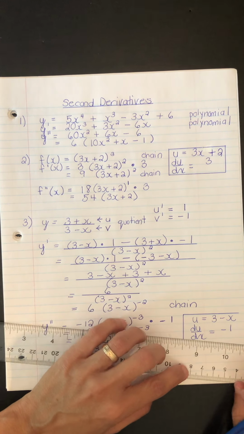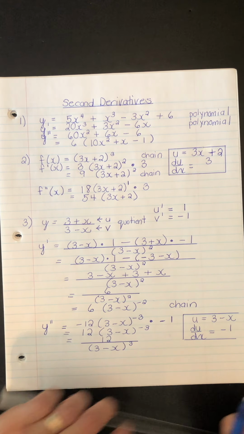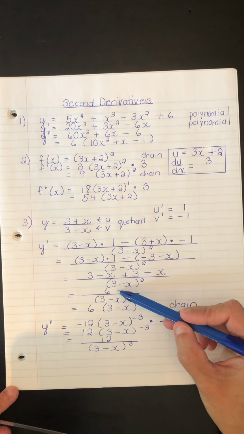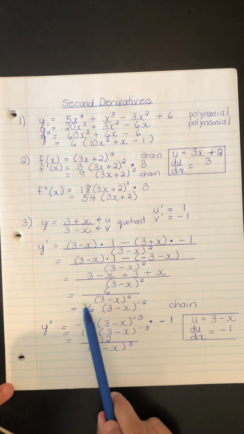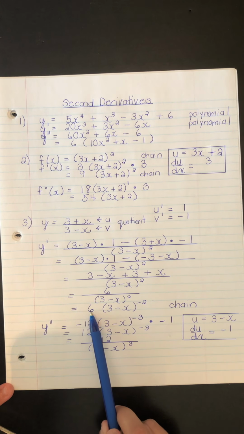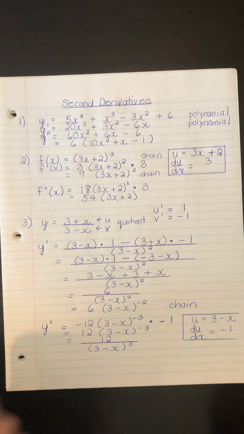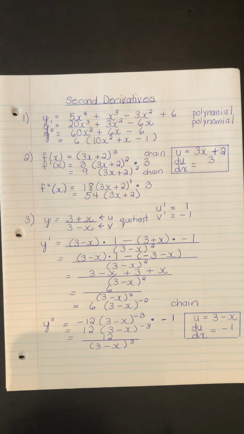And as I explained, quotient rule would work as well in this form with u prime 0. Product rule would work with this form, u prime 0, but chain rule is the easiest, most direct way to form y double prime.